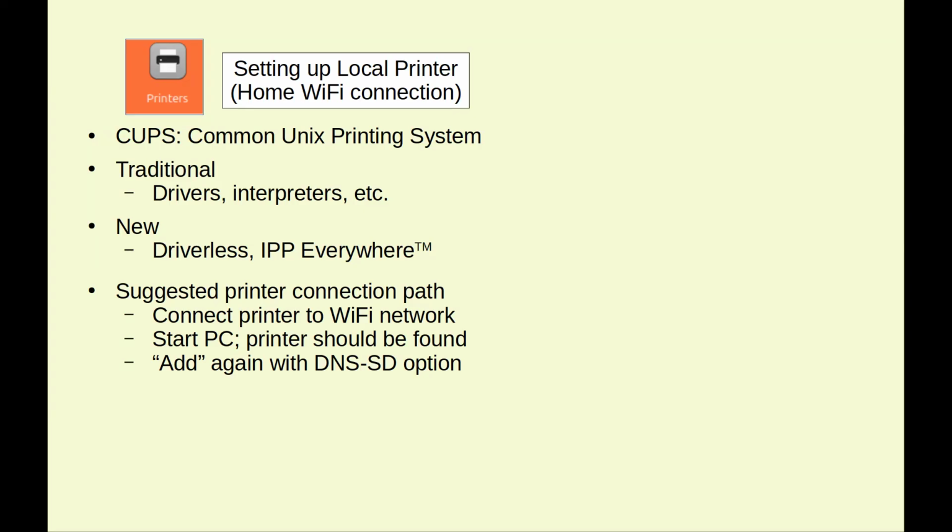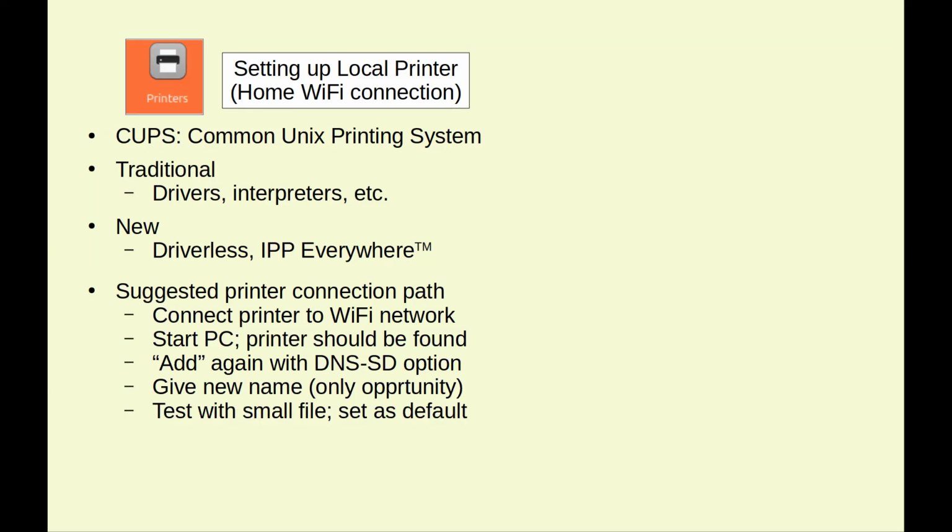My advice is to add the printer again and make sure that you use what's called the DNS option. At that time, you can give it a name so you'll know that you have set it up and it's not just a thing that was found. And test it with a small file to make sure that it actually works. Occasionally, you will have to restart the computer, not always.